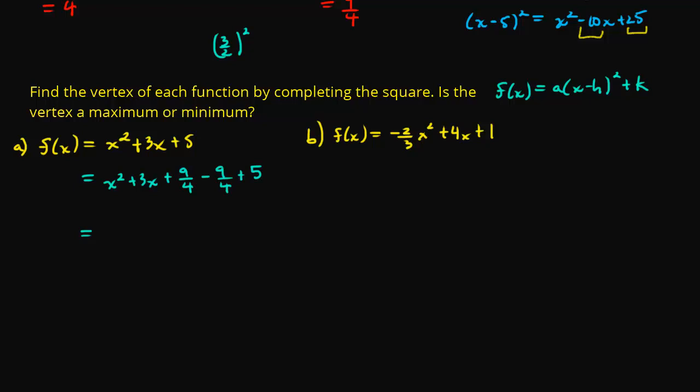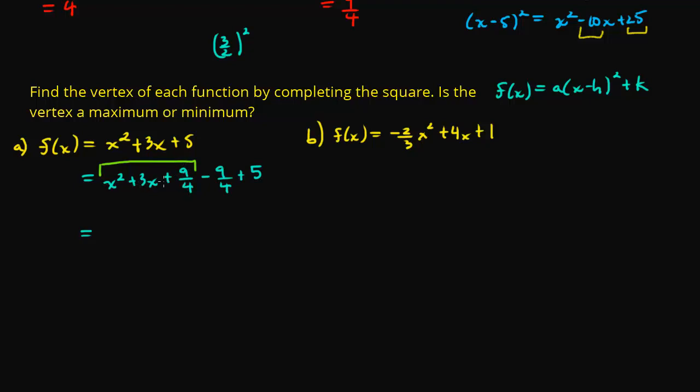Now, x squared plus 3x plus 9 over 4 is a perfect square trinomial. That's because if you take the square root of the a coefficient and multiply it by the square root of 9 over 4 and then double it, you should get 3.